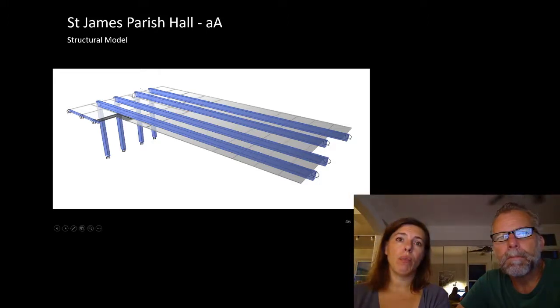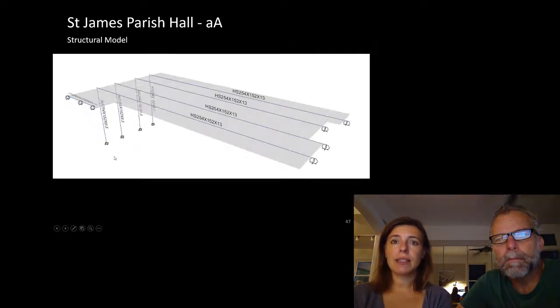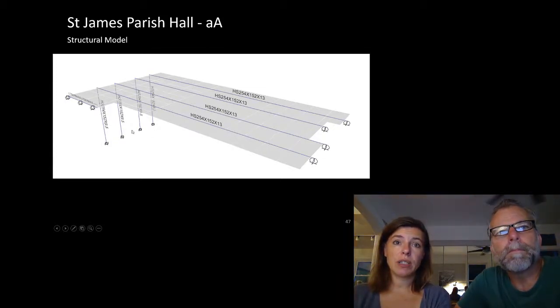These are our complex moment connections. These are our roller connections into our existing church, and here are our connections at the base. These were also moment connections. So the only places we had connections were roller connections here, and then moment connections at the base.